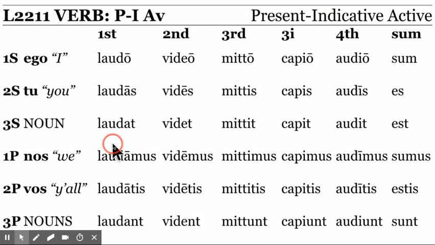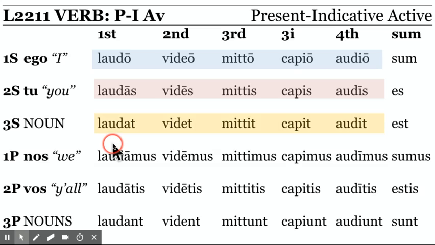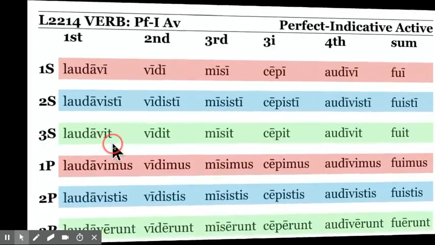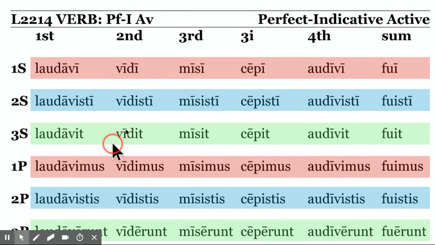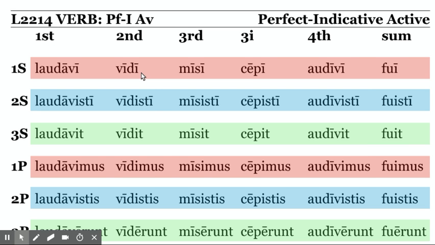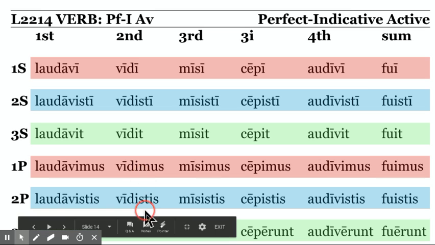Now let's talk about reviewing the present indicative active. The endings are all the same: o, s, t, mus, tis, nt. Now we need to learn the perfect. The perfect indicative active is a new stem, but the endings are all the same. I, isti, it, imus, istis, erunt.